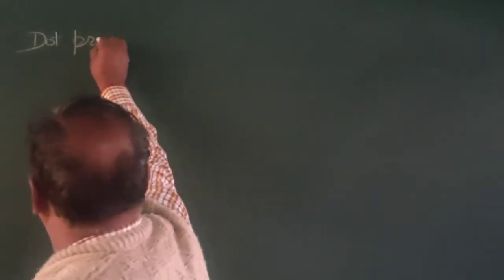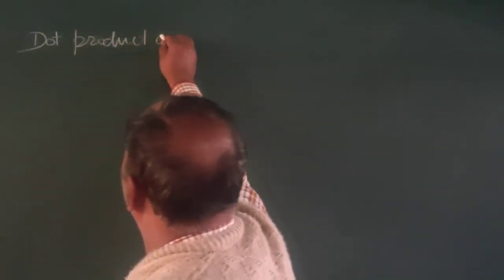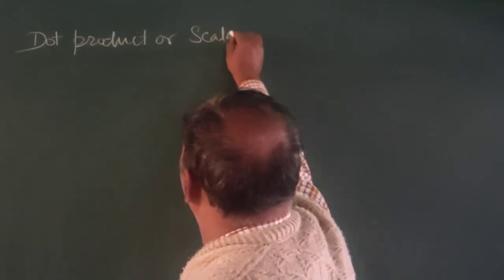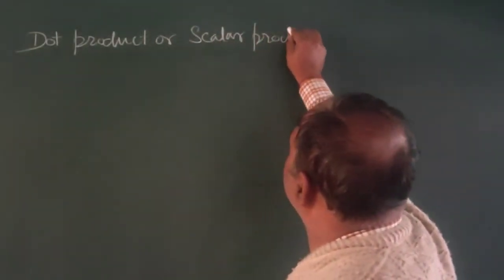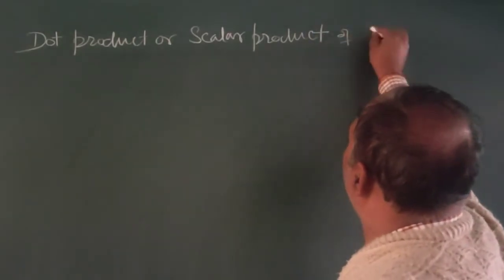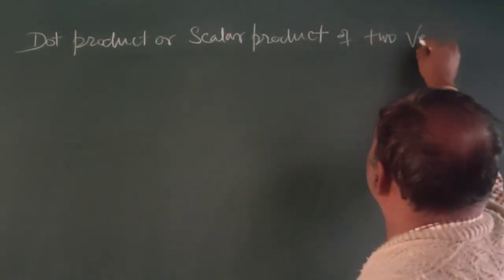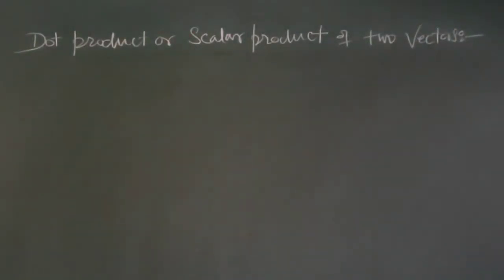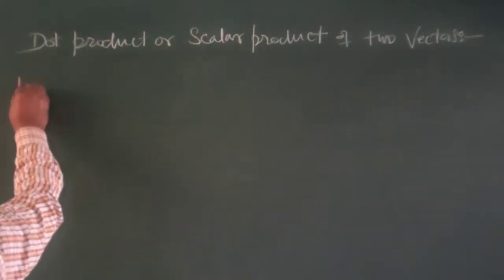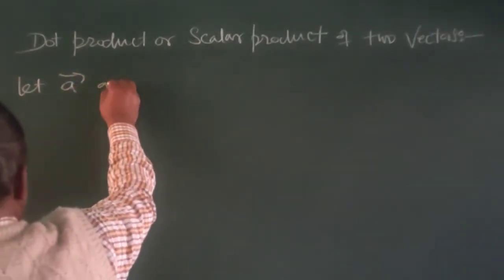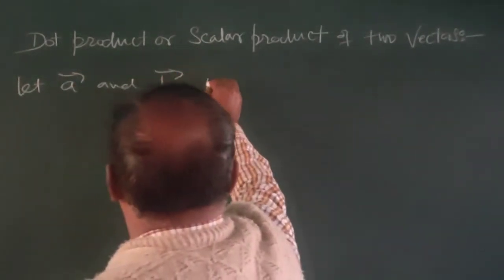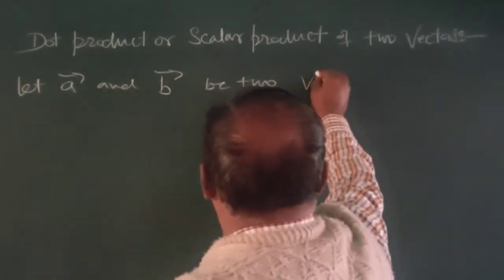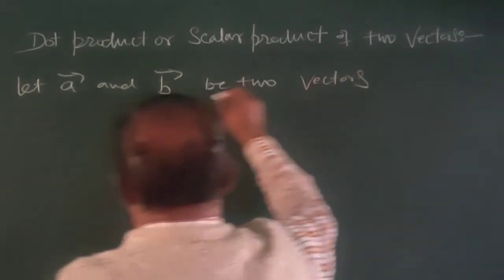Dot product or scalar product of two vectors. So first of all, let A vector and B vector be two vectors.